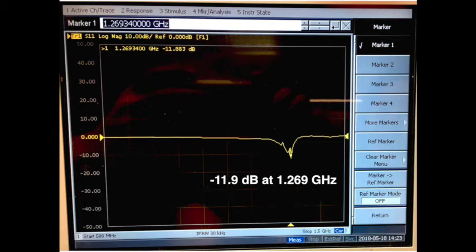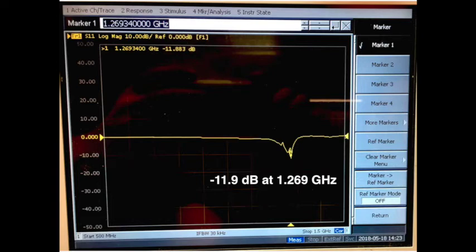Then I connected the network analyzer to the port of the first antenna, and the graph shown here is basically used to see the resonance frequencies of the cavity resonator. It is seen that at 1.27 GHz it's minus 11.9 decibels, and the goal was to achieve something lower than minus 10 dB, and this is achieved in this case.